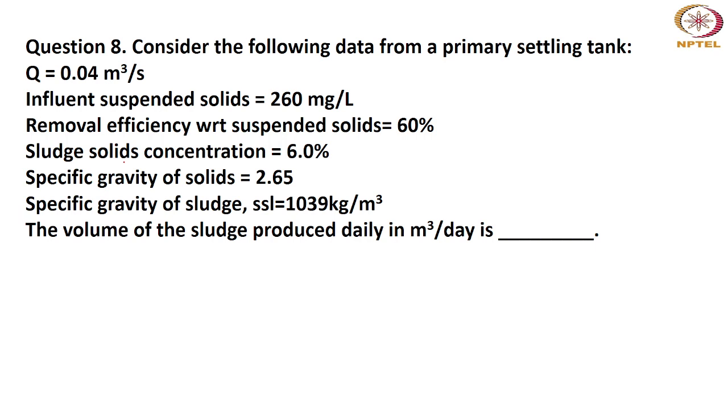Removal efficiency with respect to suspended solids is 60%. Sludge solid concentration 6%. Specific gravity of the solids is 2.6765. And specific gravity of the sludge is 1039 kg per meter cube. Now you have to calculate the volume of the sludge produced daily in meter cube per day.